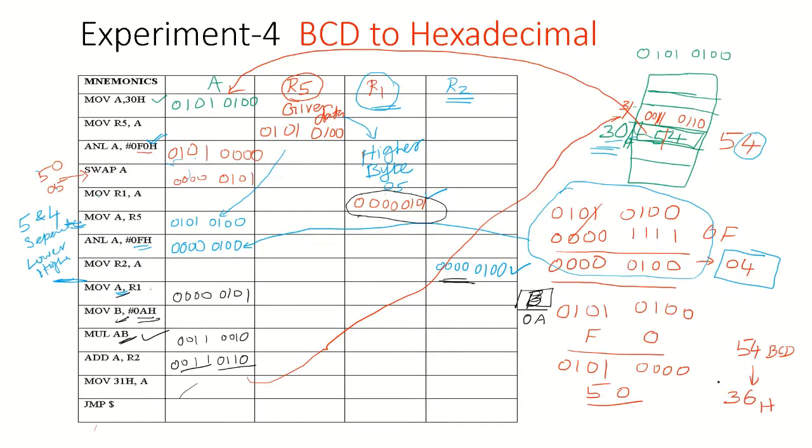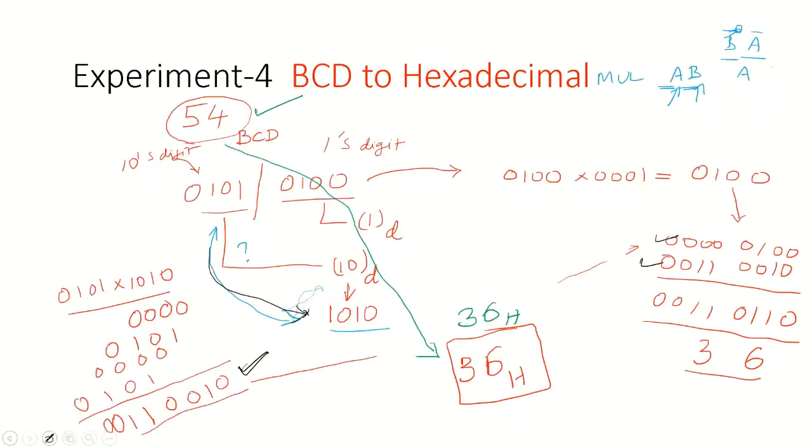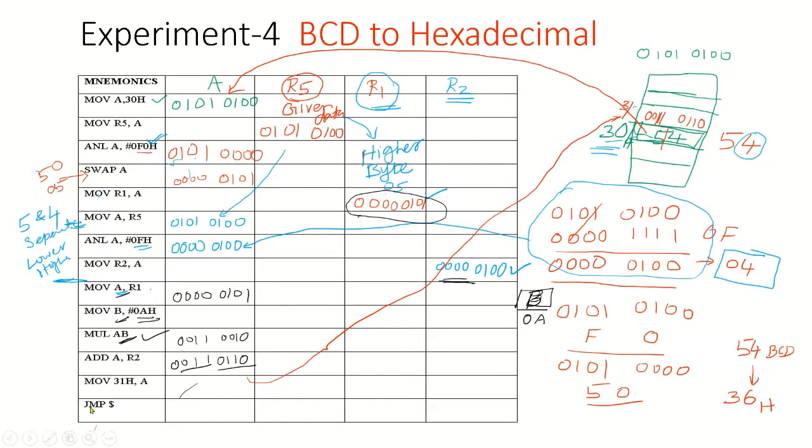This is how we write the program, and I explained what each and every step, each instruction, is doing. And see the final instruction. The final instruction is JMP $, which tells the controller that the program ends here.